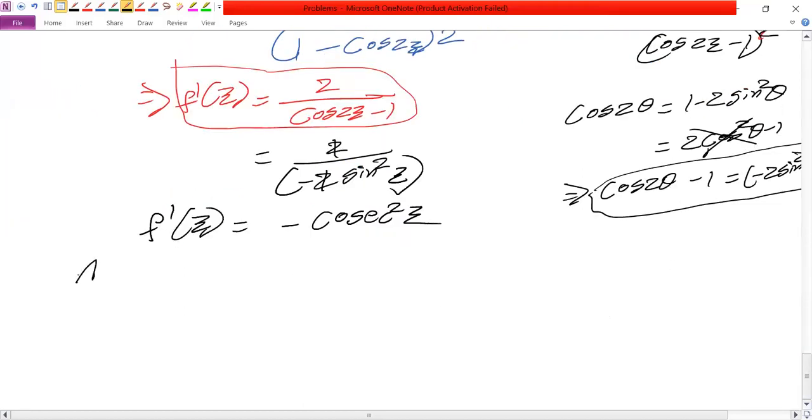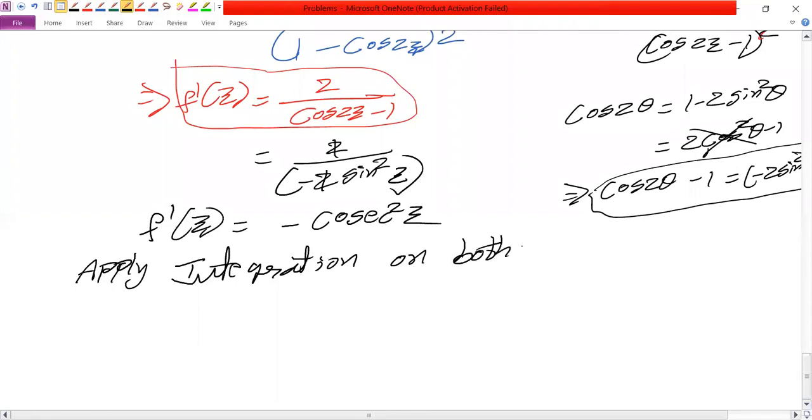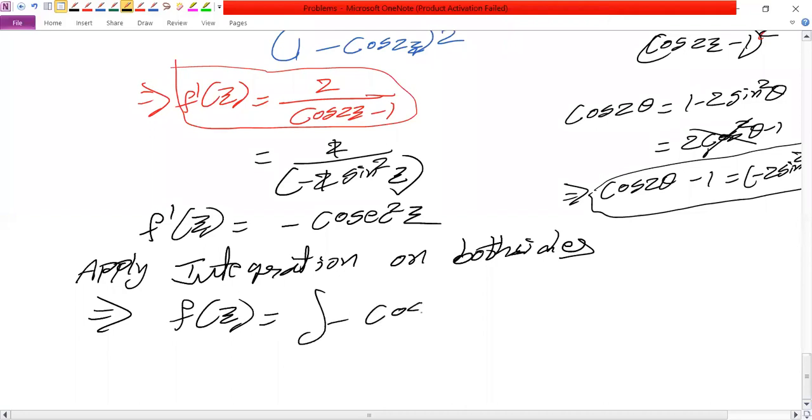So applying integration on both sides with respect to z, we get f of z equals to integration of minus cosecant square z dz.